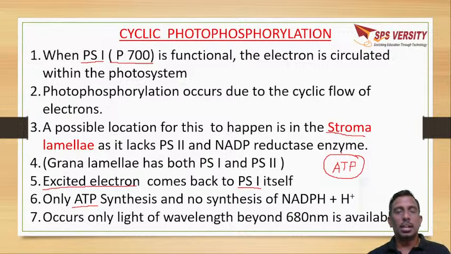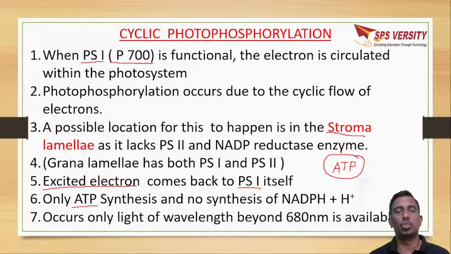So cyclic and non-cyclic will take place simultaneously. Okay. And here you should know the important aspects in cyclic electron transport. Here only PS1 is involved. Only ATP is formed. No oxygen, no NADPH2.